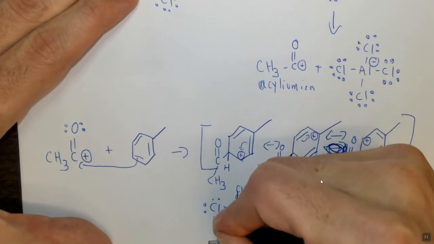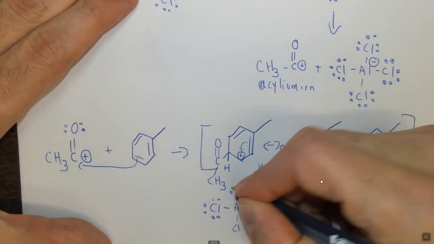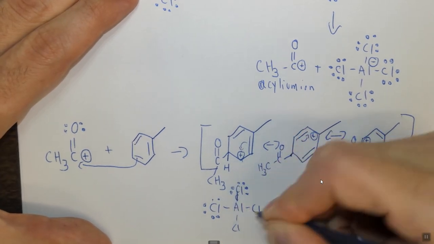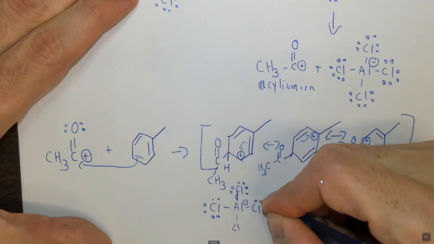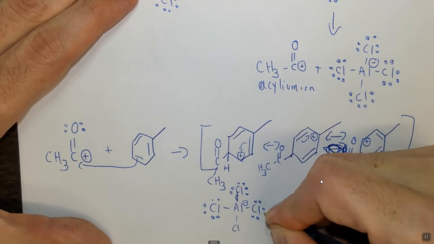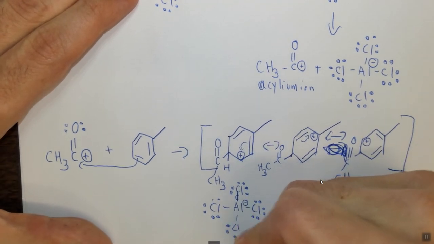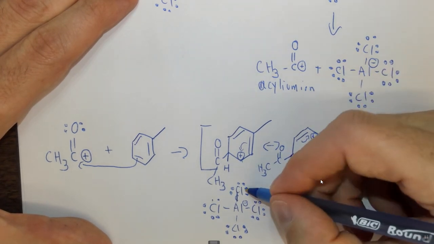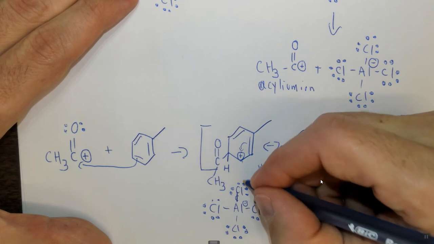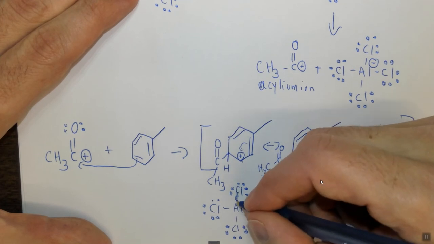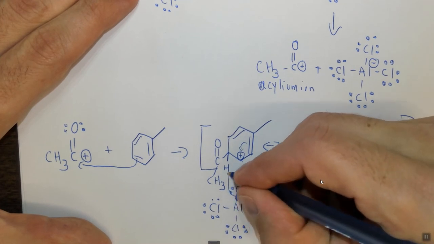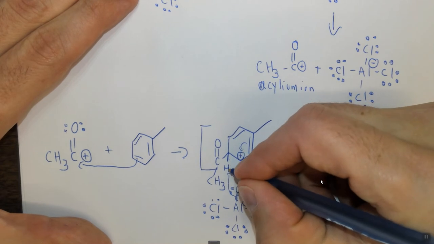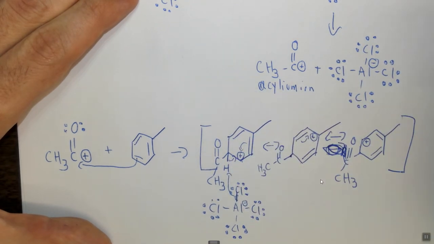How exactly this goes is not super important, but essentially we have this minus charge here, so this would like to get rid of a chloride, and the chloride would like electron density, or like to share that electron density. So basically what's happening is this goes here and grabs this proton, and this electron density goes here.